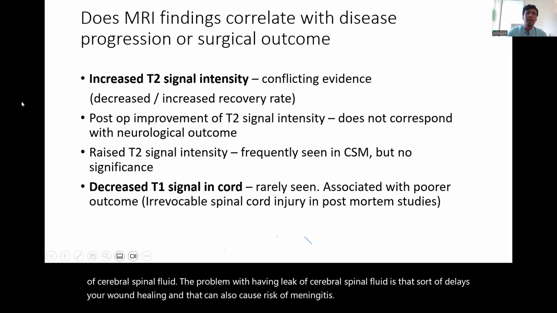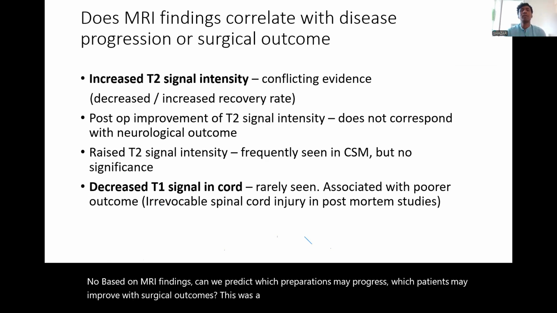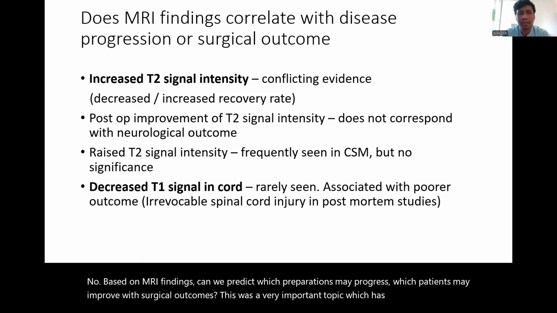Okay. Now, based on MRI findings, can we predict which patients may progress, and which patients may improve with surgical outcomes? This was a very important topic which has been dealt with in the literature.